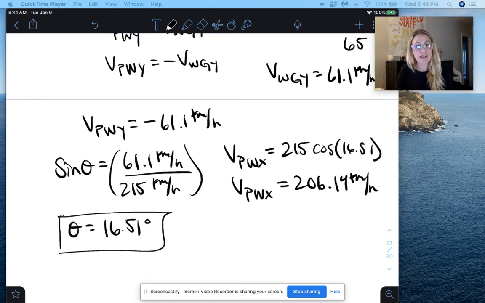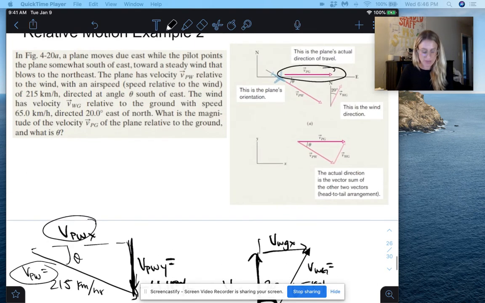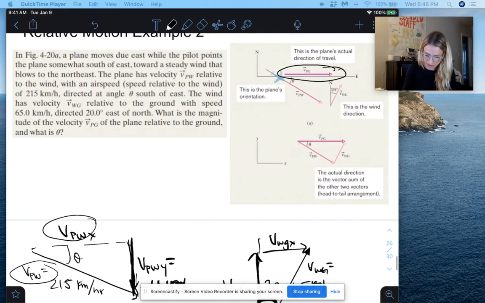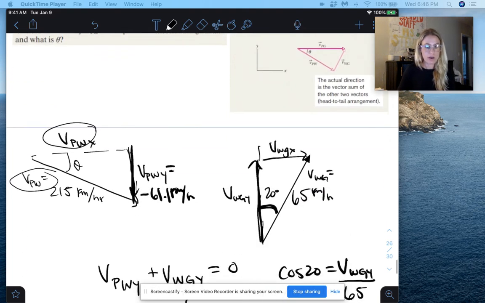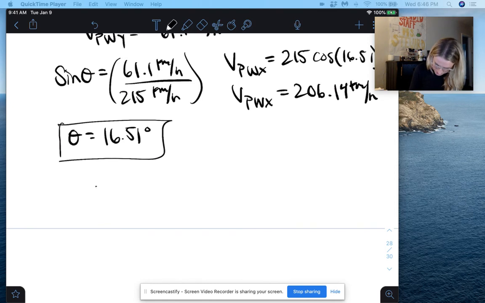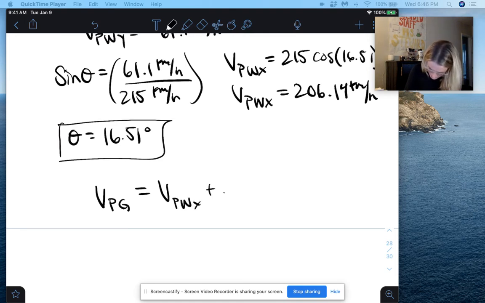So now that I have both of my x components, I can just add them together and find the velocity of the plane relative to the ground, because again, I know there are only x components in the velocity of the plane relative to the ground. So I'm going to add them together. The velocity of the plane relative to the ground will be equal to the velocity of the plane relative to the wind in the x direction, plus the velocity of the wind relative to the ground in the x direction.